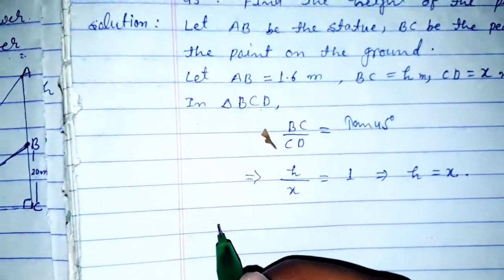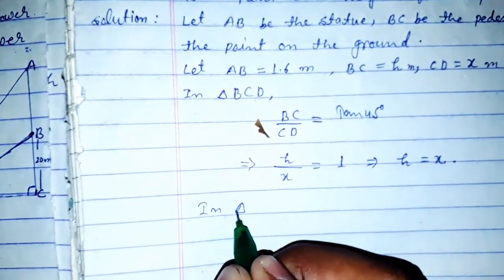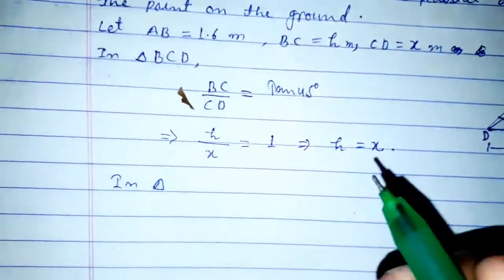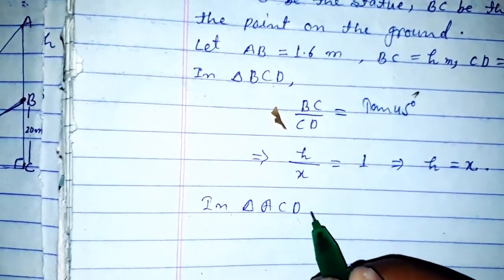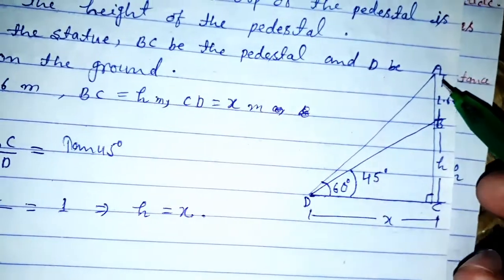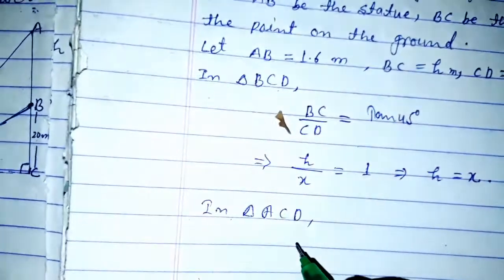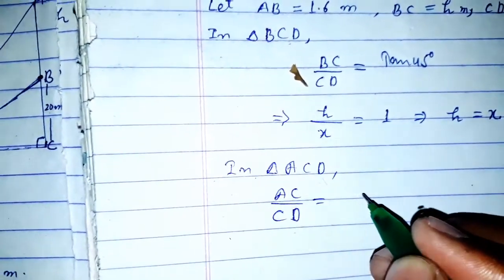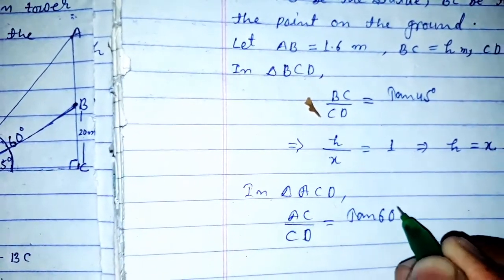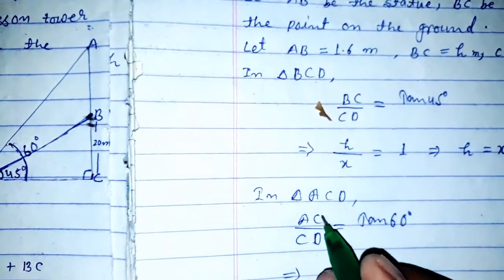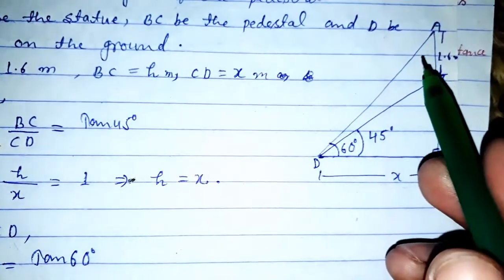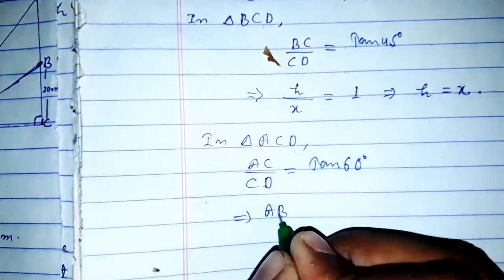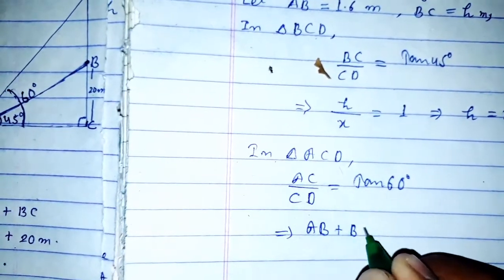Again, take the complete triangle ACD. Take the ratio AC upon CD, which is tan 60 degrees. What is AC? We can represent AC as AB plus BC.